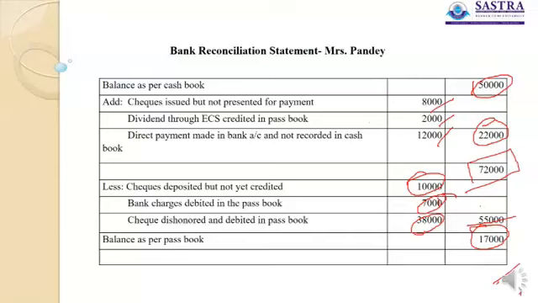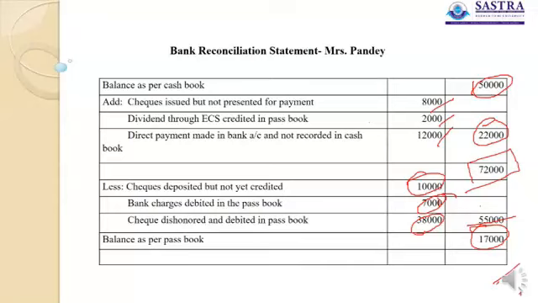The direct payment made in bank account and not recorded in cash book. Such an entry, which is not recorded in the cash book, will be entered only after the receipt of the bank statement.